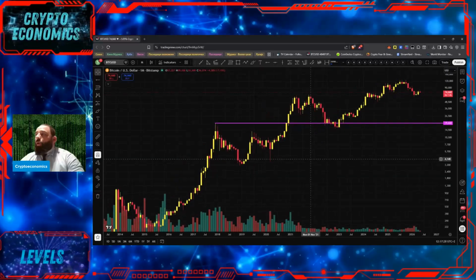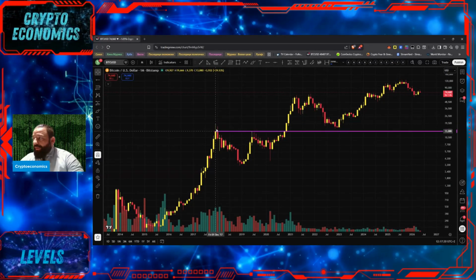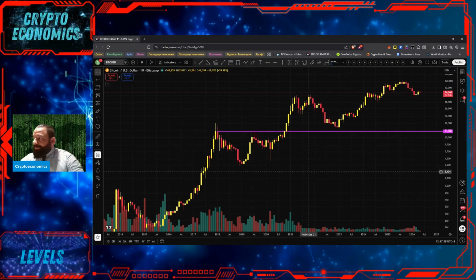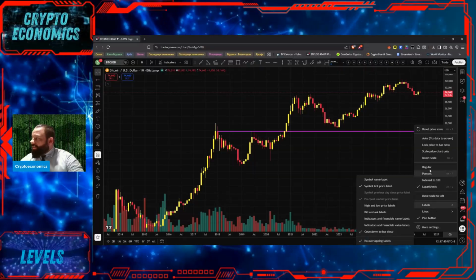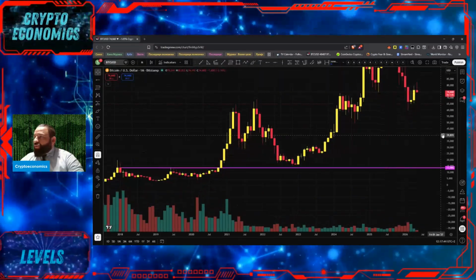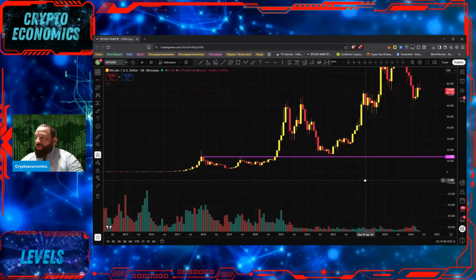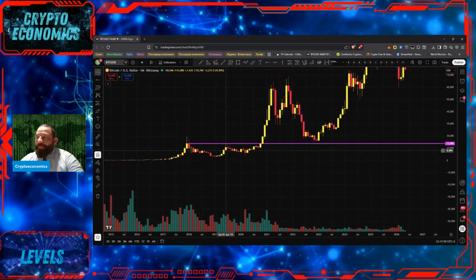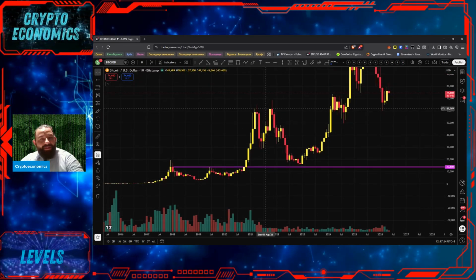Now, what do we do depending on levels? We usually use the body of the candle because it shows us a little bit better support and resistance. Now, just to show this in a better way, we're going to go back to a normal scale. This is the representation of the chart of Bitcoin during the 2017 bull market.